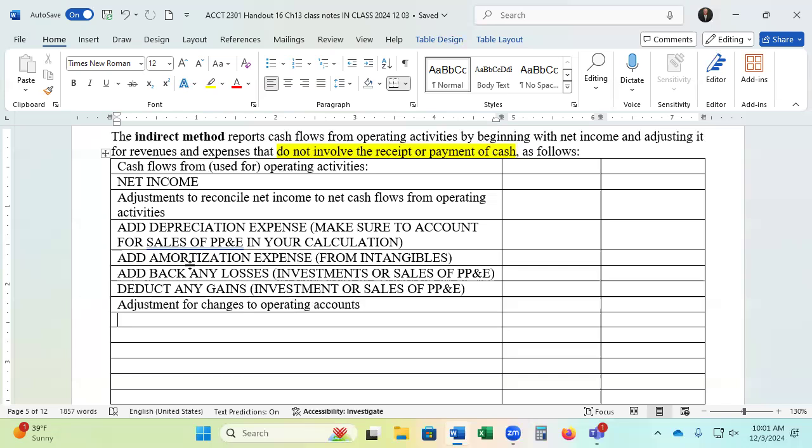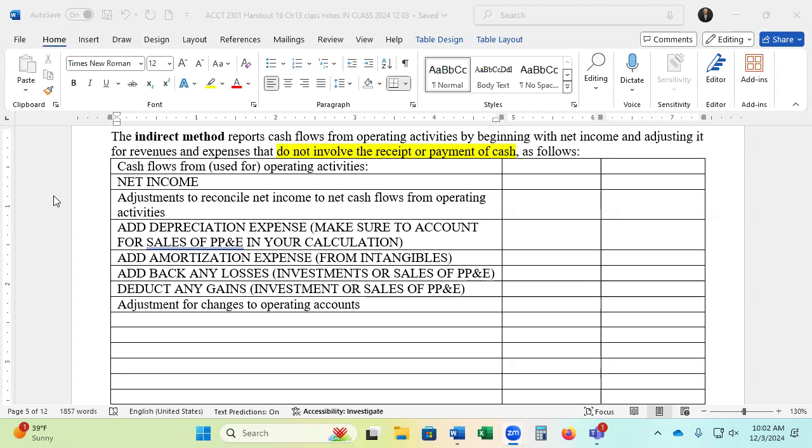Okay, and then the next part is kind of confusing if you try to think about the logic of it too much, because it's a little bit weird. But essentially what they do now is they look at all the operating assets and liabilities, and they look at the changes of assets and liabilities and essentially say, was this a use of cash or was this a source of cash? So let's say something like inventory.